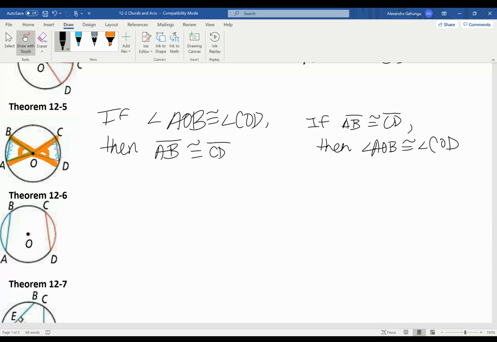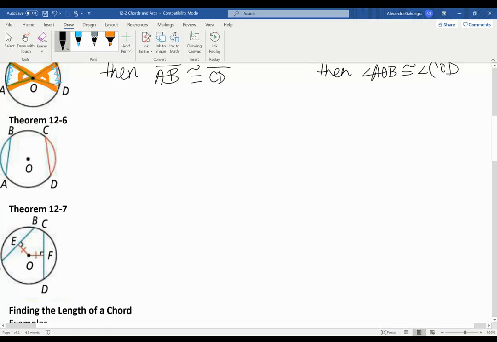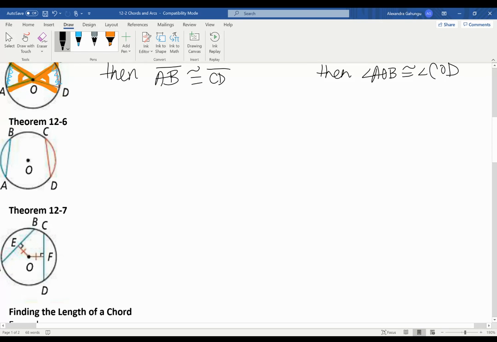All right. So those first two relate central angles to chords and arcs. Next, we're going to talk about chords and arcs together.